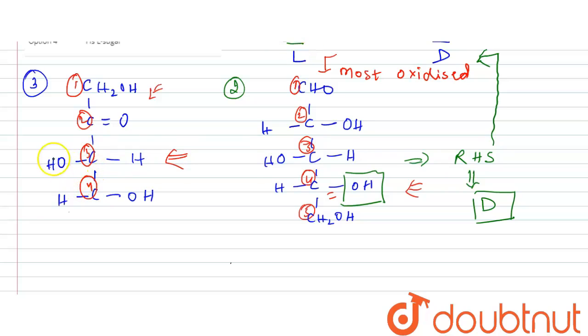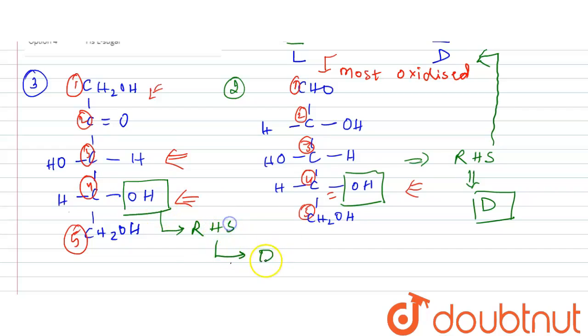Now your aim is to check the position. Here I have not written the last part, that is CH2OH. So CH2OH is there, and this is the fifth carbon, so the second last carbon atom is the fourth carbon atom. The position of OH on the second last carbon atom is on the right hand side.